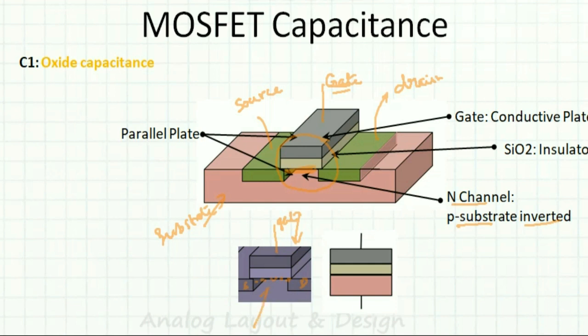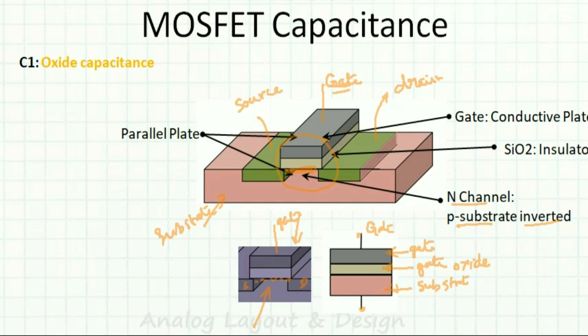That is the front view. This one is the gate, this is the gate oxide, and this is the substrate. So this is the substrate connection, and this is the gate connection.